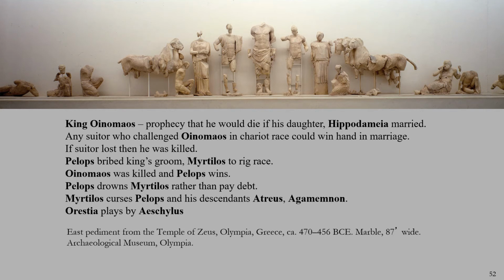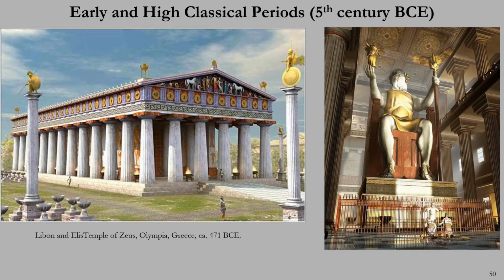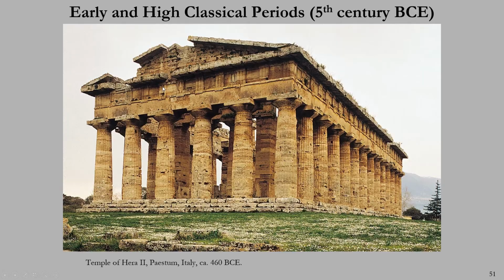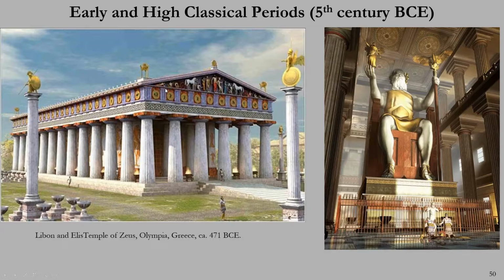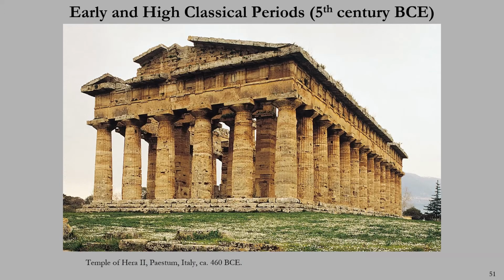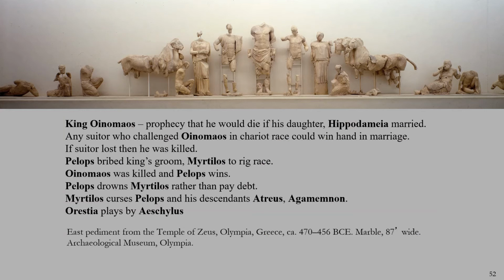The pediments, and remember the pediments are the triangular areas above the, or at the ends of the temple, sort of following the roof line. And this is a major area for sculpture. So let's look at the sculpture that we would have found in the Temple of Zeus.